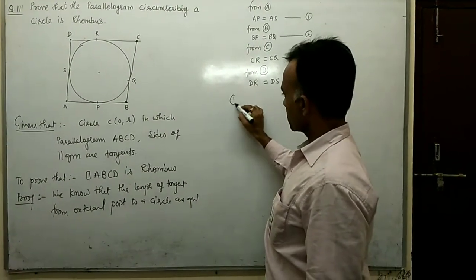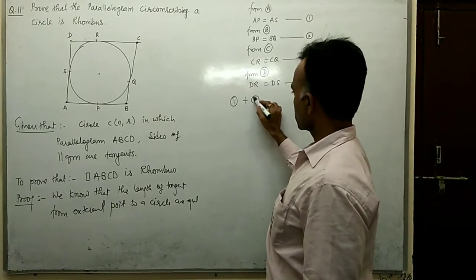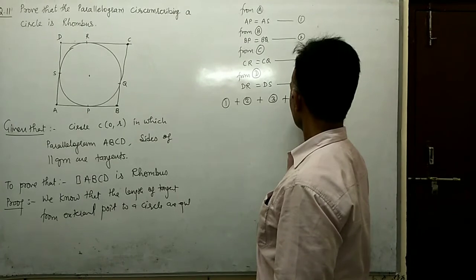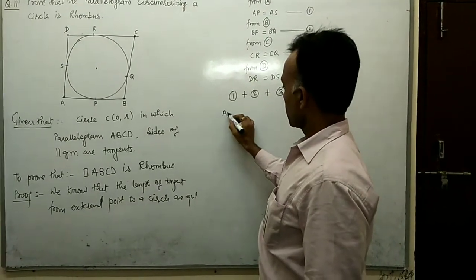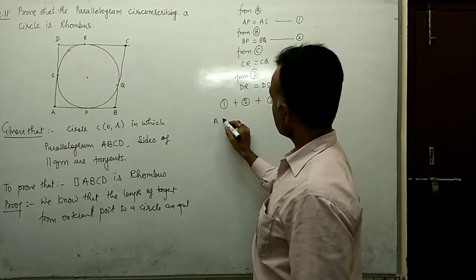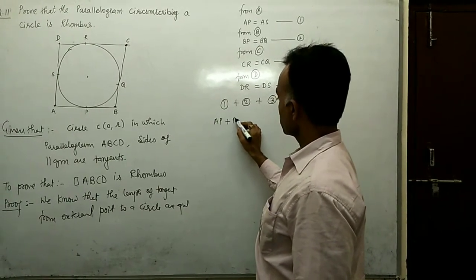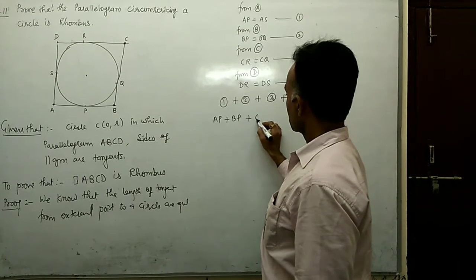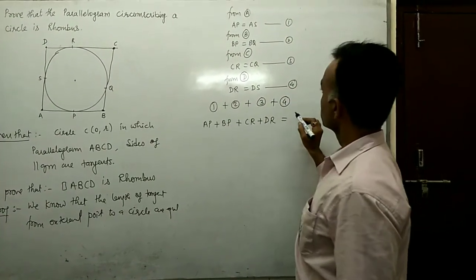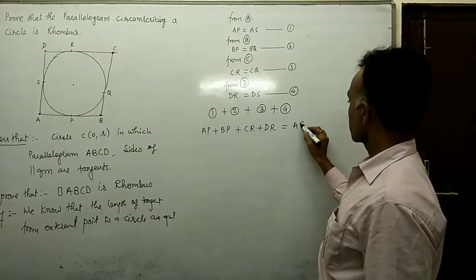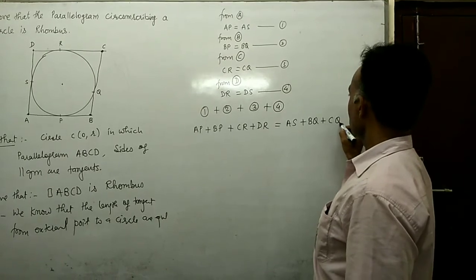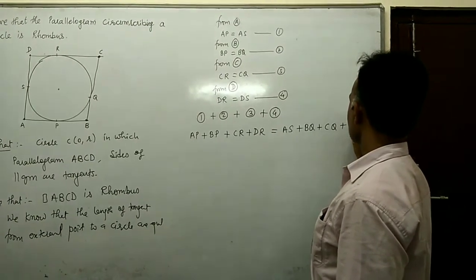These all equations, now you add 1 plus 2 plus 3 plus 4. Okay, then add all left side values and all right side values on the right hand side, and then AP plus BP plus CR plus DR equals AS plus BQ plus CQ plus DS.